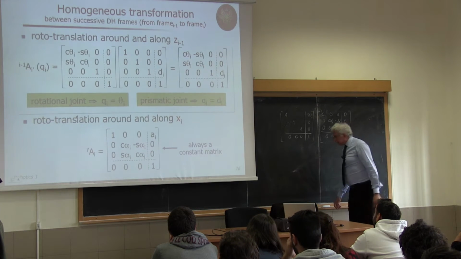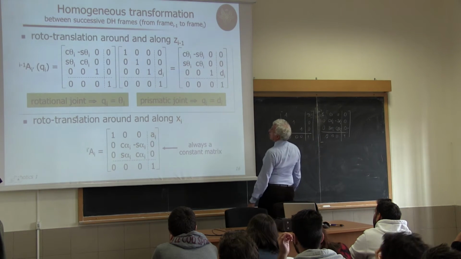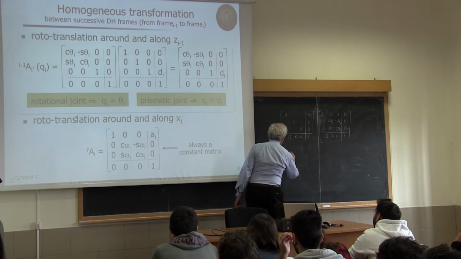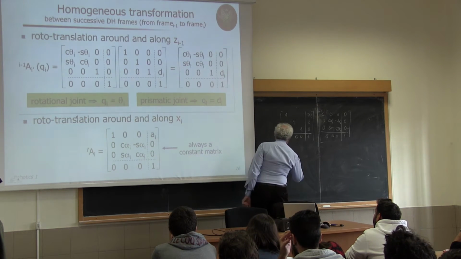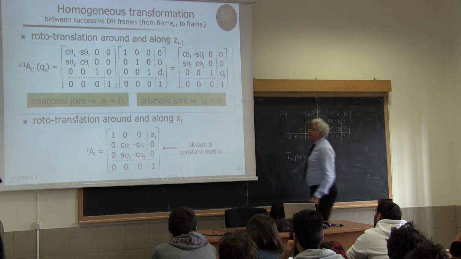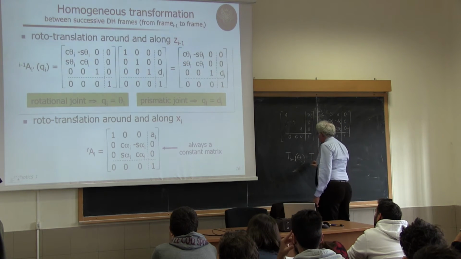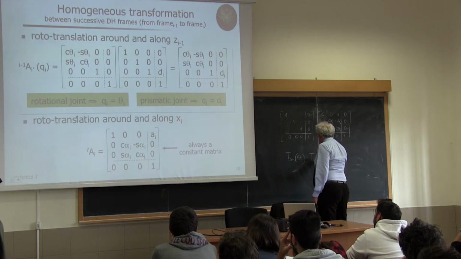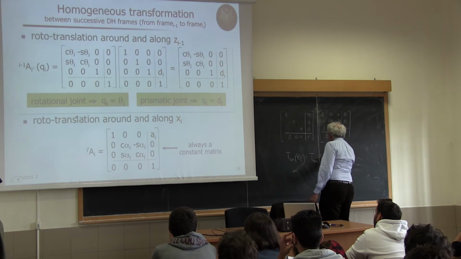Before moving to the final result, let me write this matrix in the following way. The first one is T rotation by theta_i on top left. Then I have a T translation by d_i.